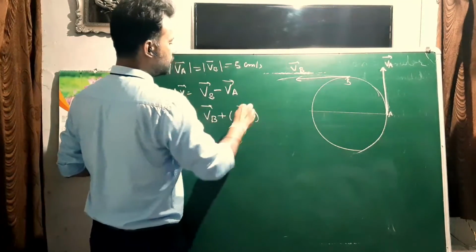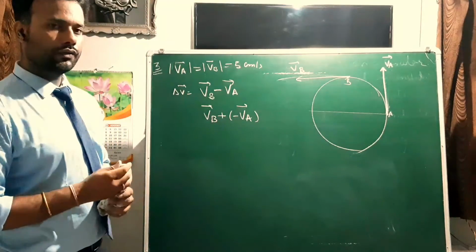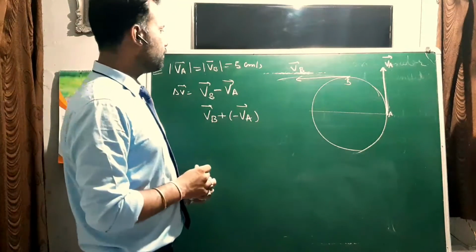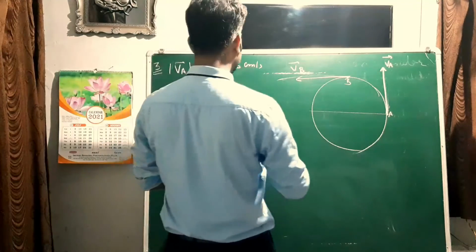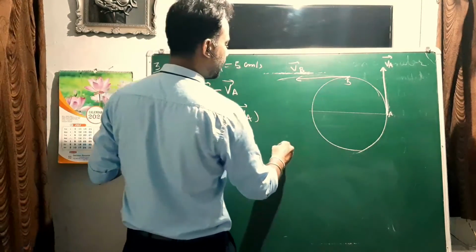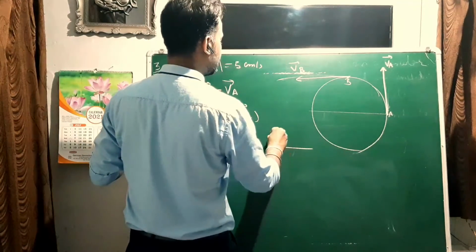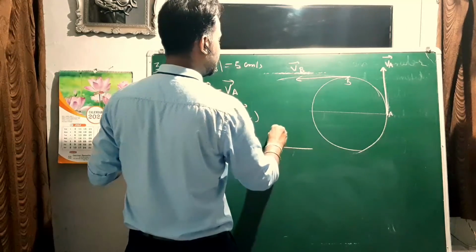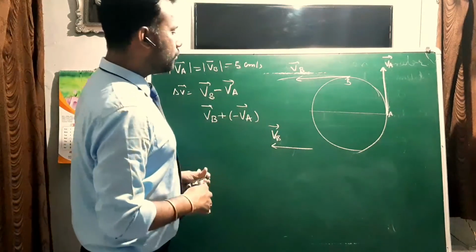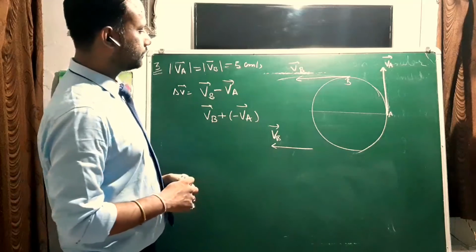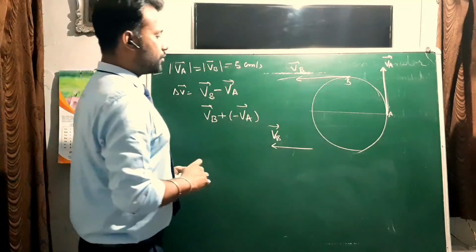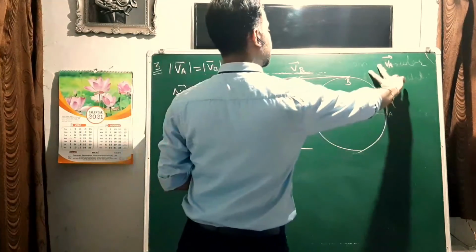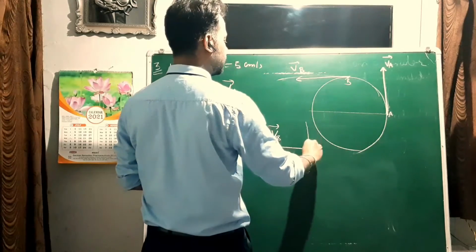We have just done this kind of situation in the previous example. So this is VB, right? And we have to add minus VA here. Initially VA was like this.